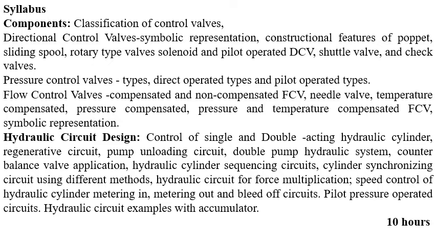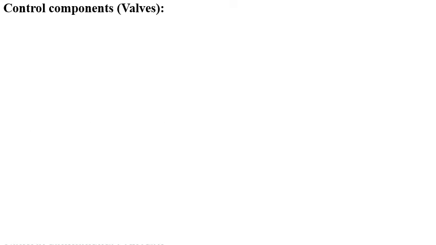Okay. Next we will move on to the syllabus of this third module. It starts from control components. Control components are also called control valves. One of the most important considerations in any fluid power system is control.